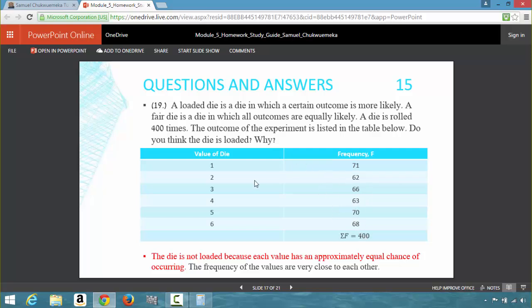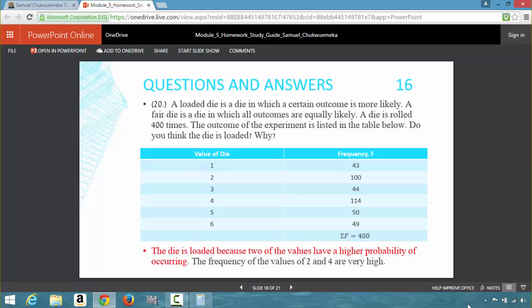So we can say that this is a fair die, not a loaded die. But if we look at question 20, we have like two outliers here. This is 100, this is 114. So they are like outliers, you know, they have higher chances of occurring. So because of that, this is a loaded die.